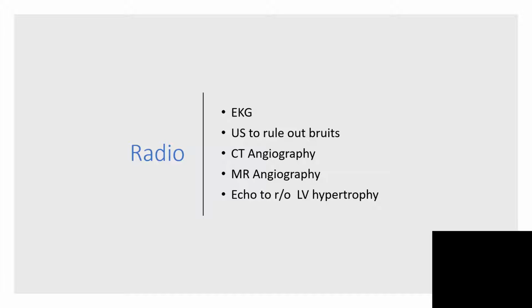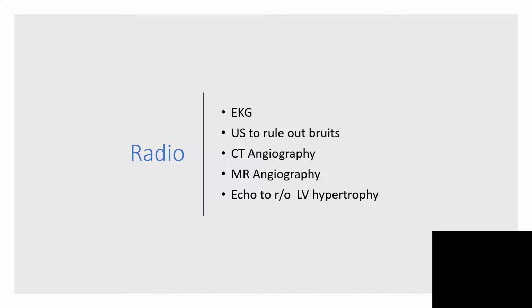Radiological investigations are necessary. EKG first, we want to know what is happening to your heart, by the electrical imaging on the strips. We can use Doppler ultrasound to rule out bruits along the carotid, just to be sure, and CT angiography, magnetic resonance imaging angiography, echo to rule out left ventricular hypertrophy, particularly if there's coarctation of the aorta.